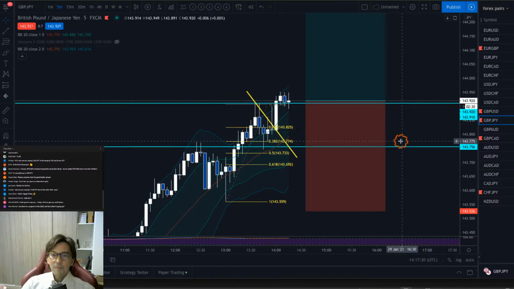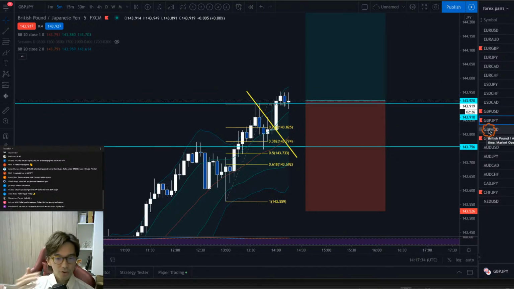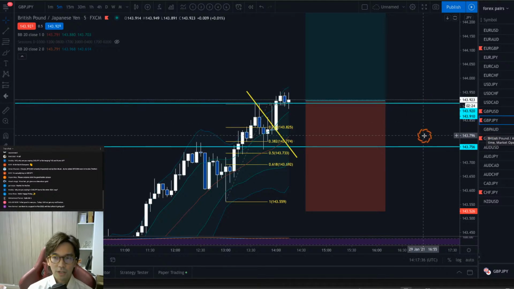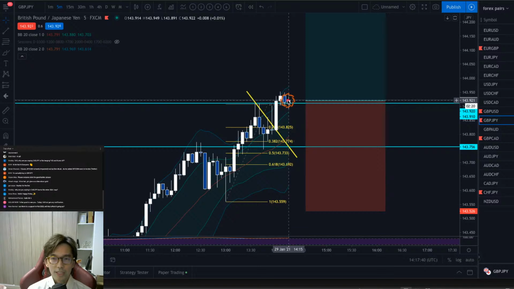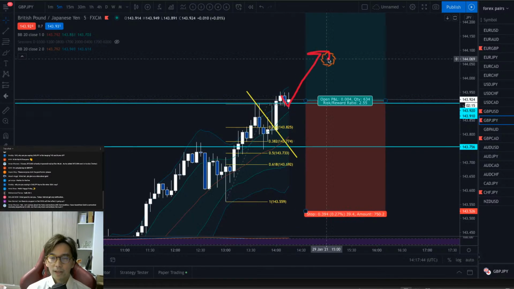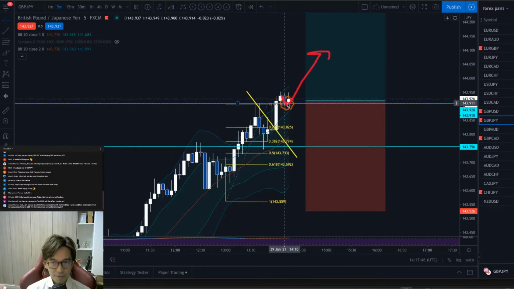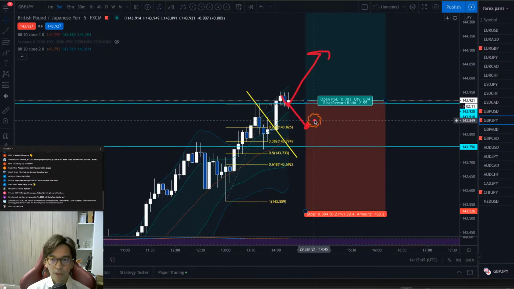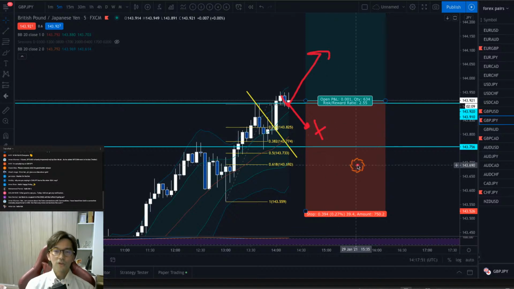So this is one of the scenarios. Every time you take trades, you better create 2 scenarios. One is that the market goes up in your favor, and also, what if the market goes backwards from here? Then when to exit will be another scenario you have to create.